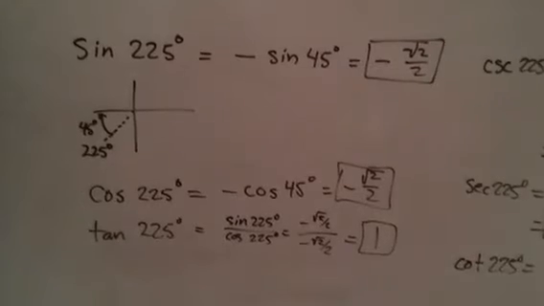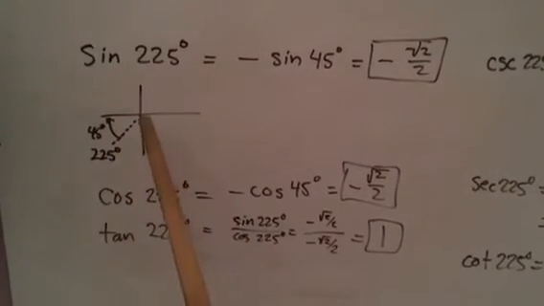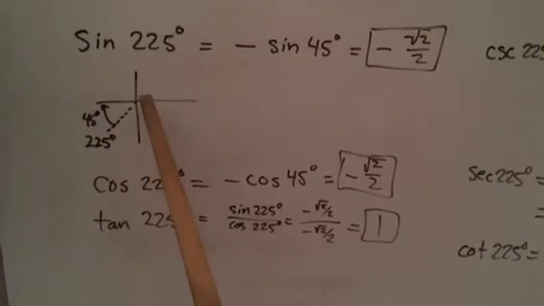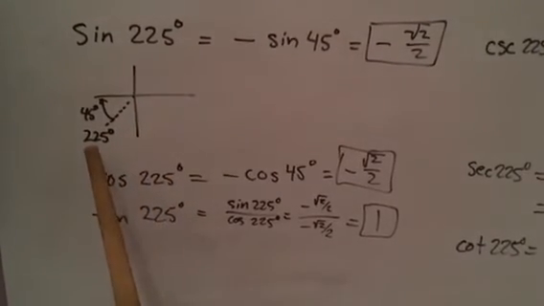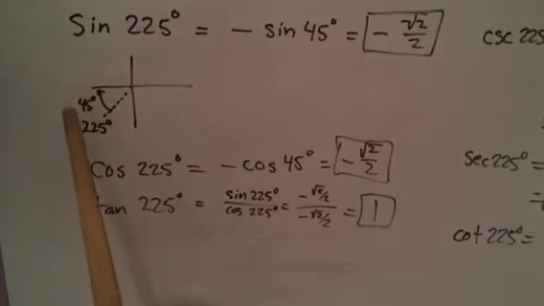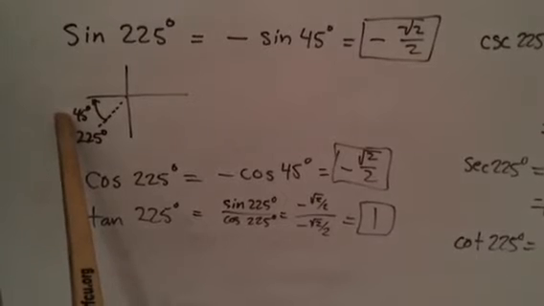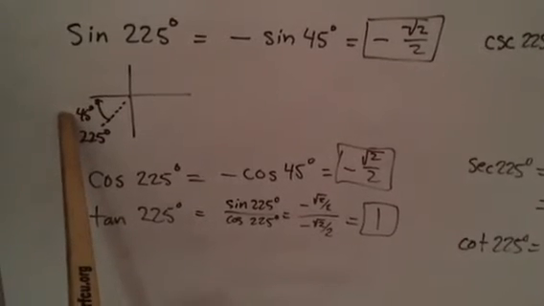For 225 degrees, the sine of 225 has a reference angle of 45 degrees. 225 degrees is here in the third quadrant. We are 45 degrees away from the x-axis. So all of our calculations will involve taking the trig function of 45 degrees.